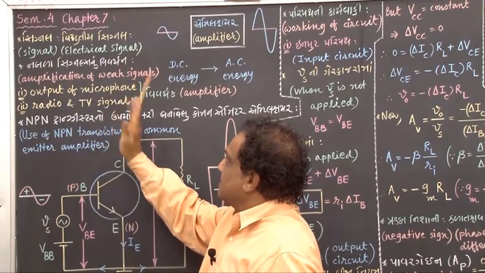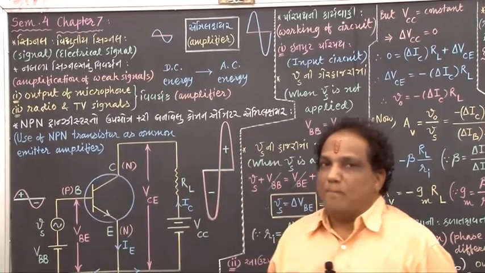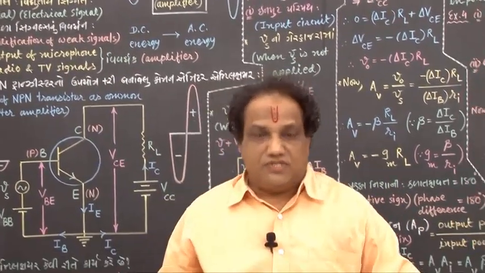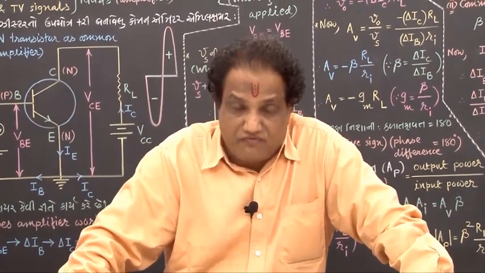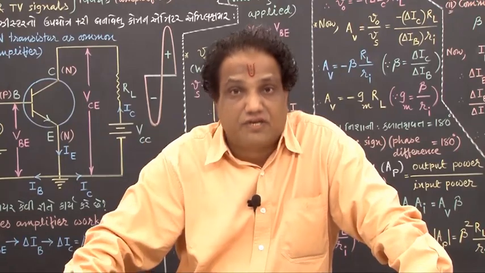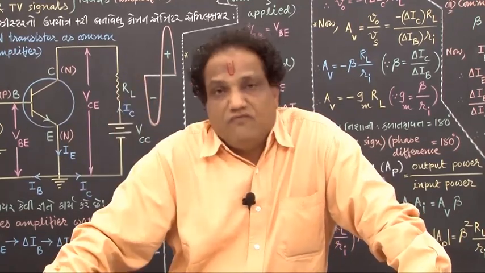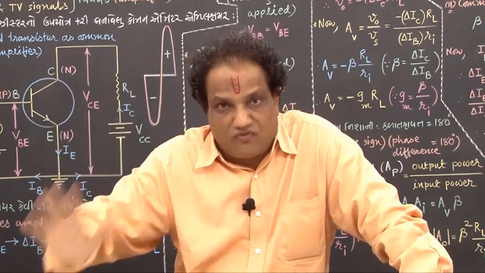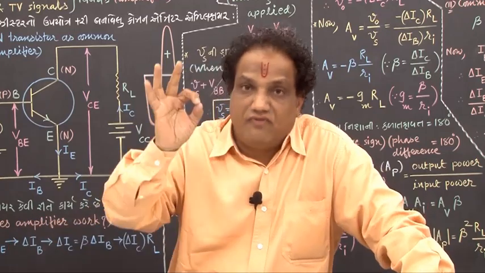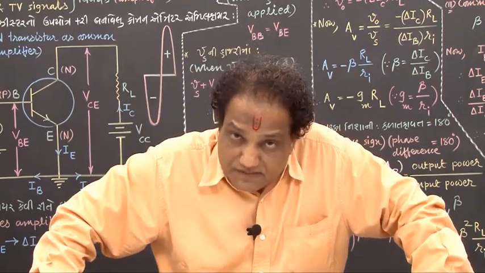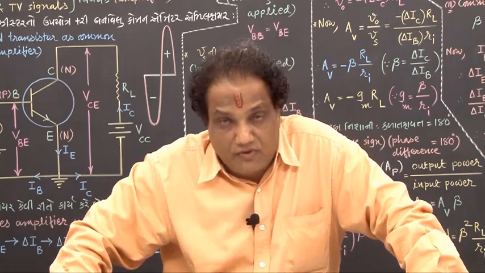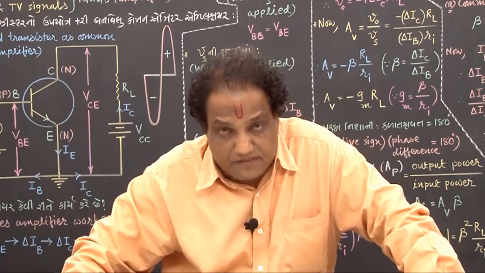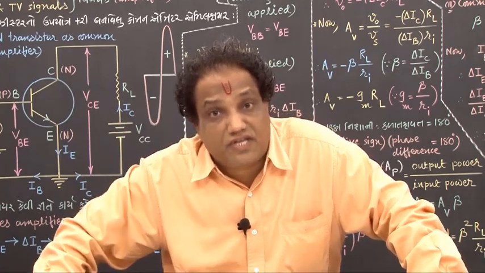Now, amplification of weak signals. There are signals which are very weak, which need some amplification, some magnification, some strengthening. For example, in the output of a microphone, we get very weak audio signals. Then the TV and radio signals which we receive at the antenna at our residence are also very weak signals.